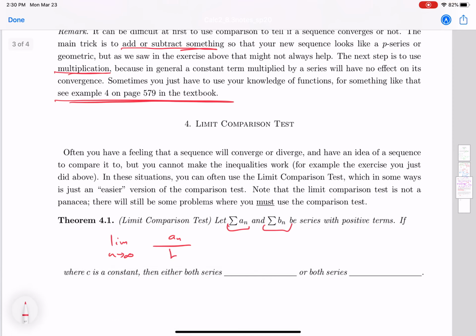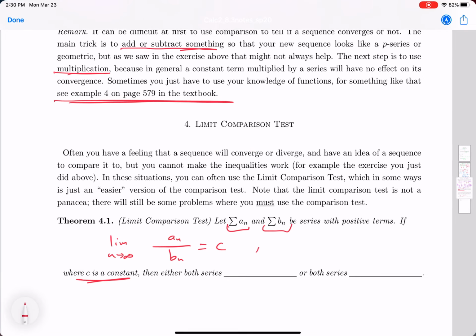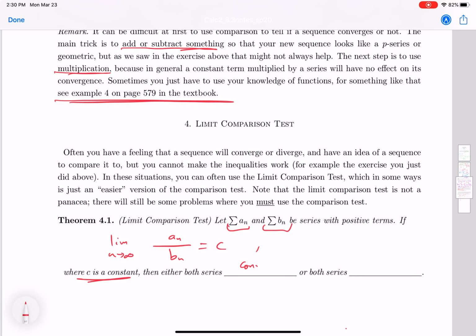Limit as n goes to infinity of A sub n divided by B sub n. So these are just the terms in the series. If those equal C, where C is a constant, then either both series converge or both series diverge. So once we know what one of them does, we'll know what the other one does.